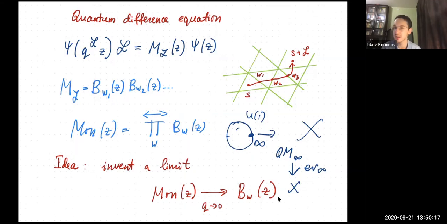Such functions satisfy certain q-difference equations. Let's write down this equation as psi of z shifted times the operator of classical multiplication by some bundle L. This is equal to some operator times psi. And this comes from the following.